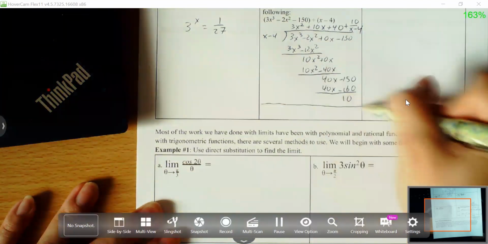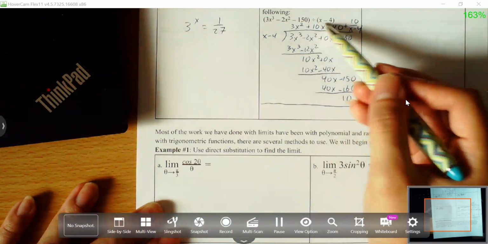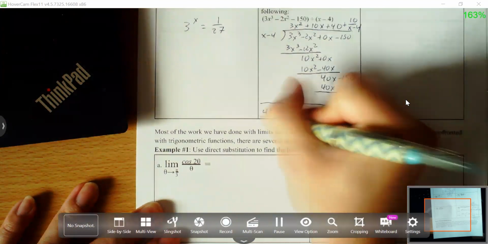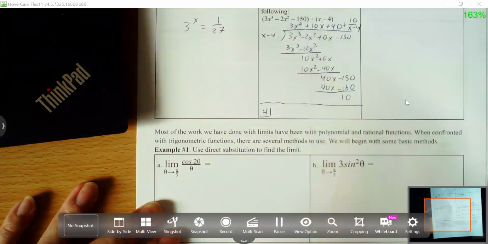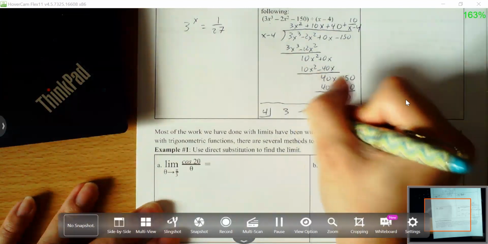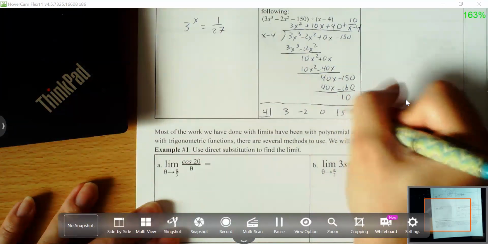it's much faster. So you ask yourself, what makes this 0? That would be 4. You put that in your little box here. And then you take the coefficients, which is 3, -2, 0, and -150.